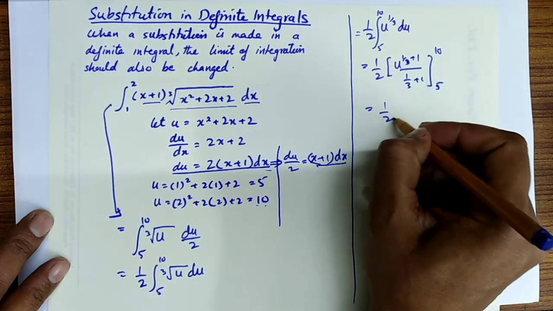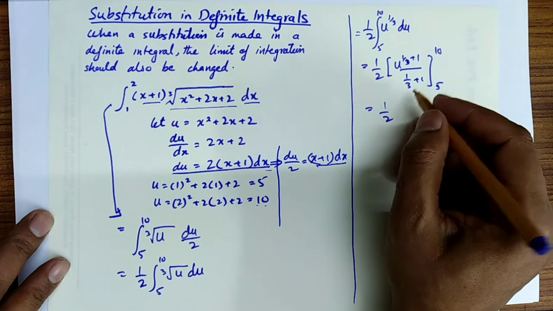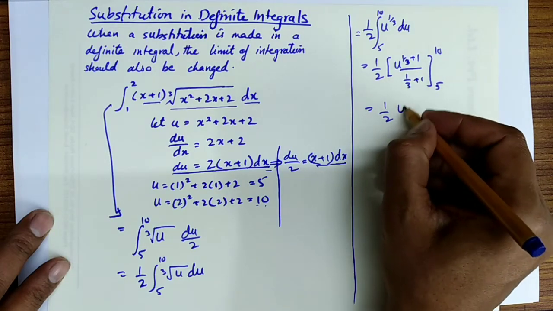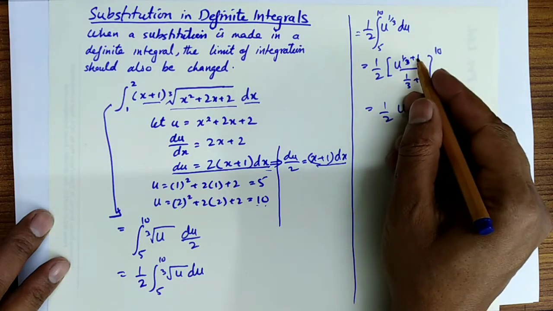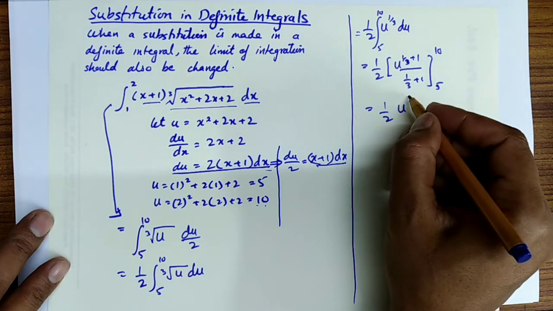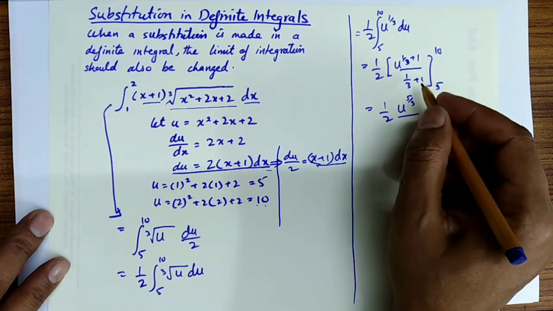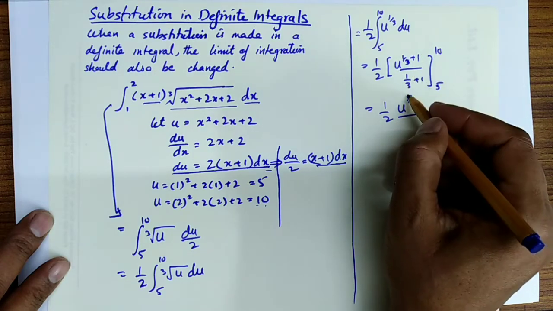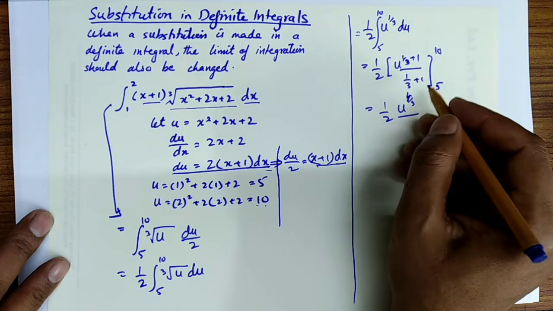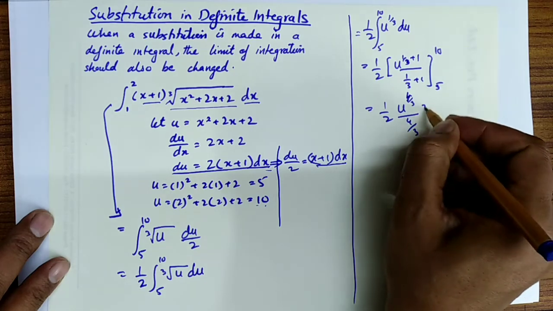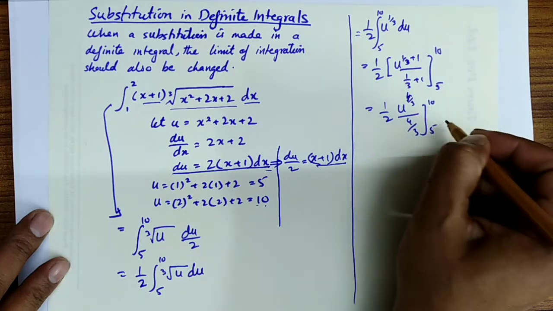So that gives us u power 3 plus 1, 4 upon 3, the 4 upon 3, that gives 10 5.